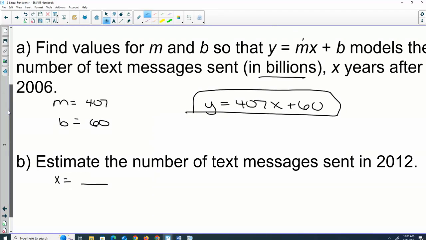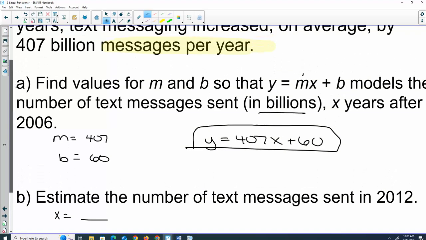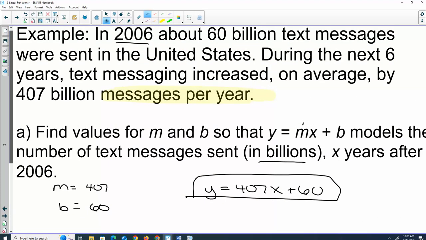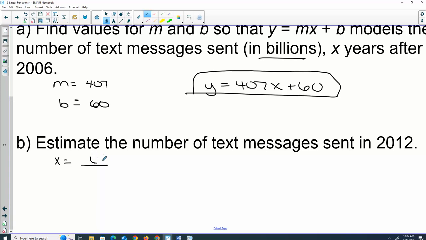I don't just want to do 2012 though. What do I want to do? Why 6 years? Right, we started in 2006, so we were treating that as time 0. So 2012 is 6 years later, so my x is 6. So if we plug that in.